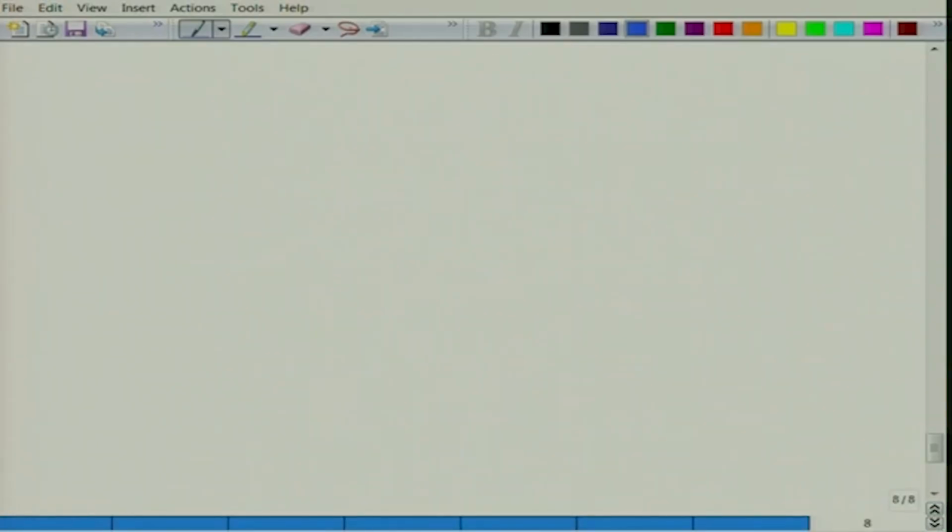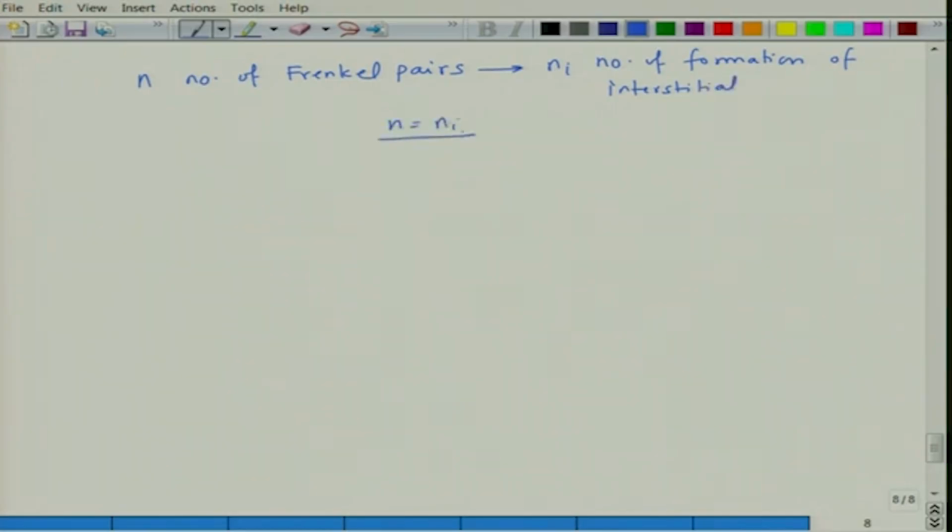So, let us say the number of Frenkel pairs is n, and so n number of Frenkel pairs lead to basically n_i number of interstitials, right, and n is nothing but equal to n_i.